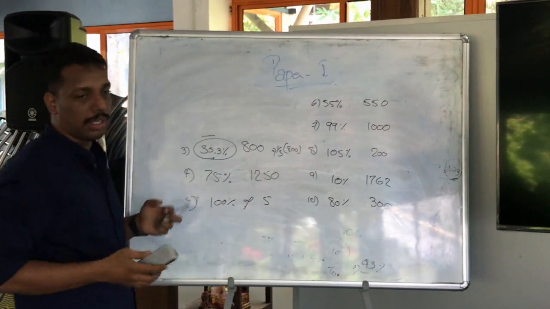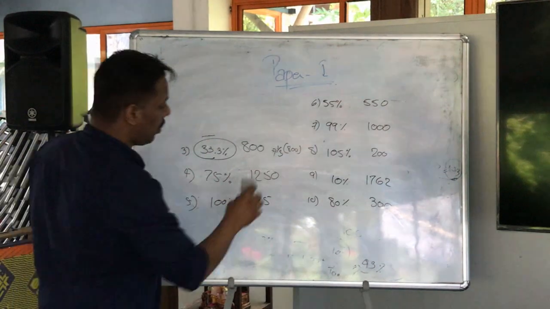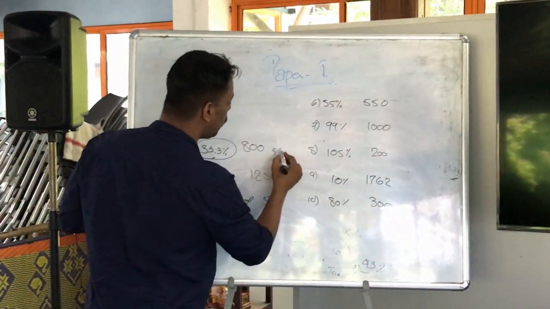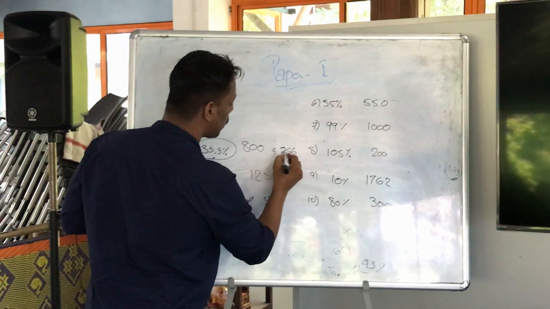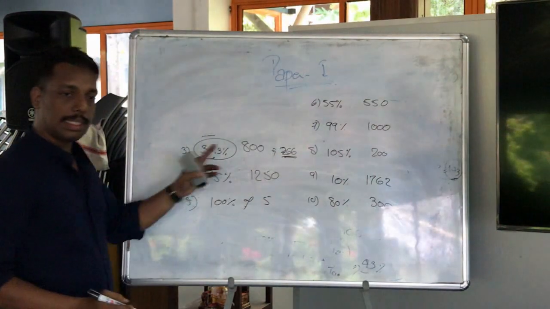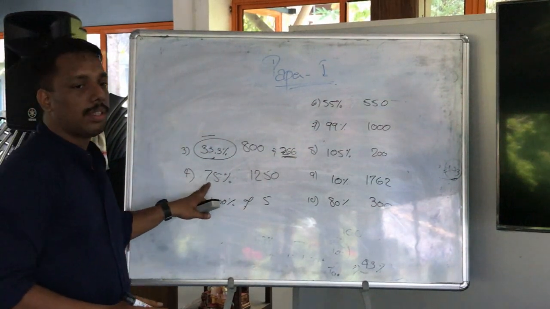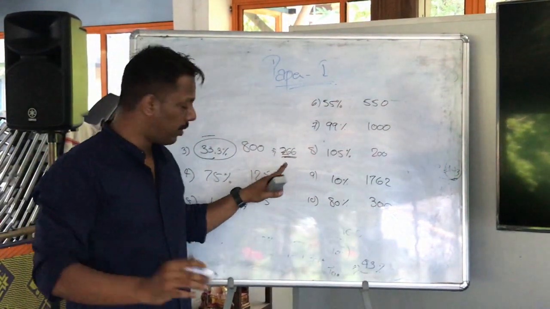What is 1/3 of 800? 266, right? 266 is your answer. Okay, 266.5.